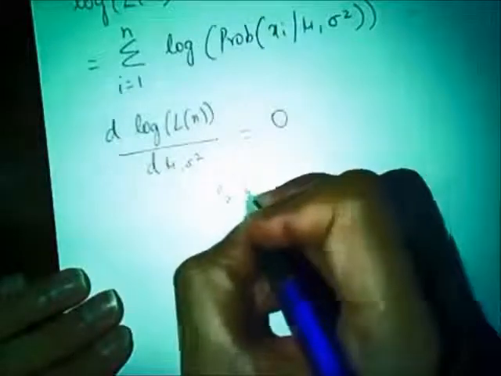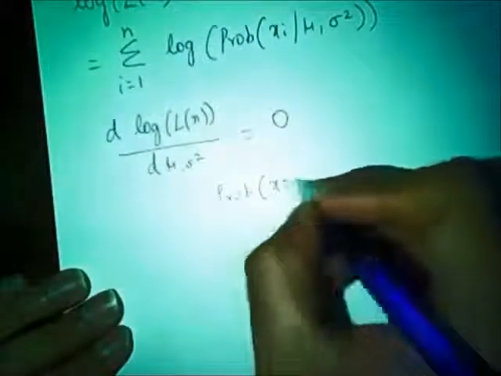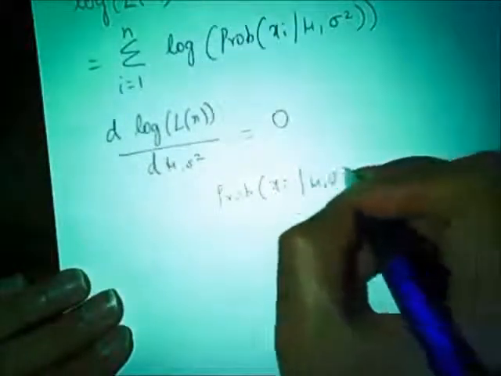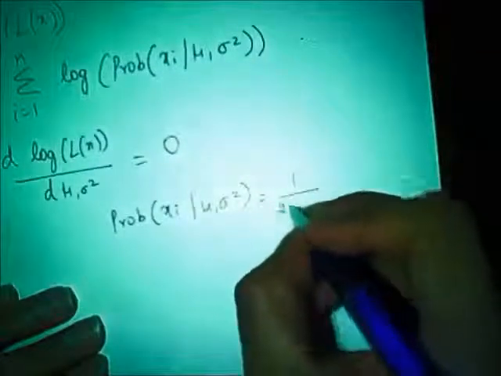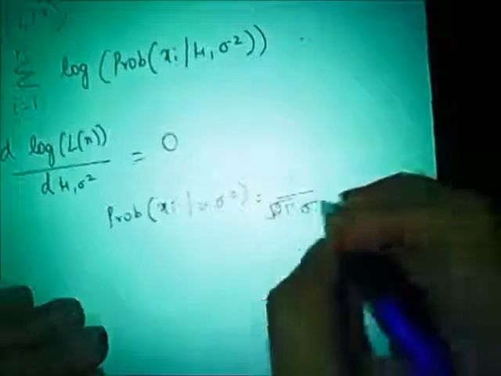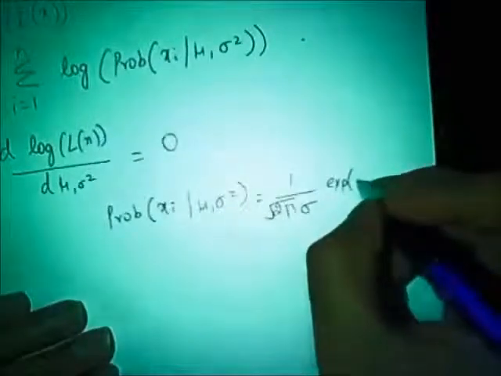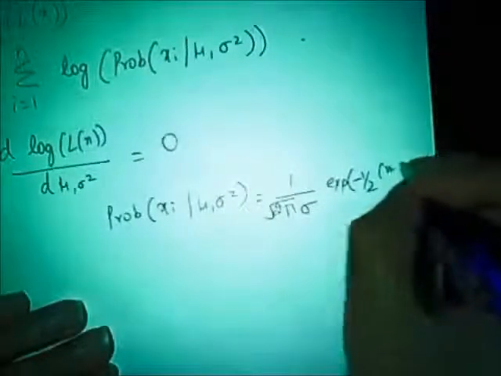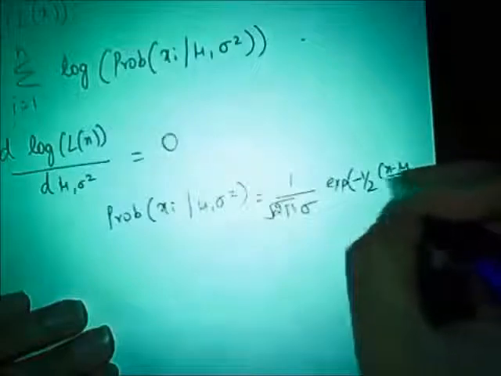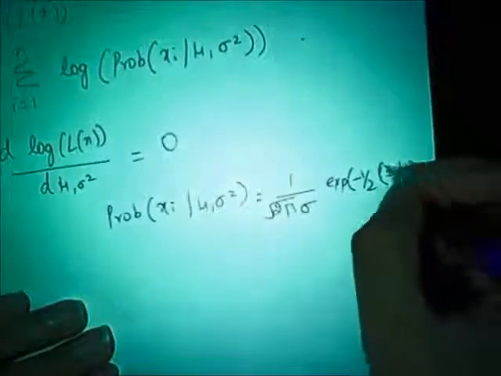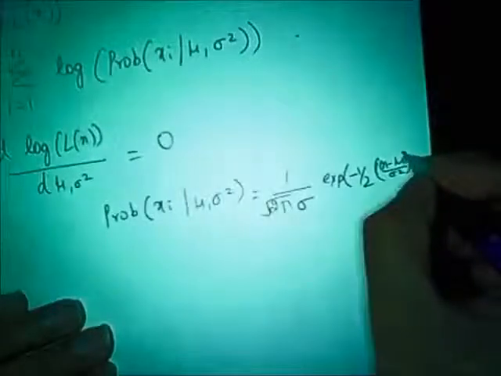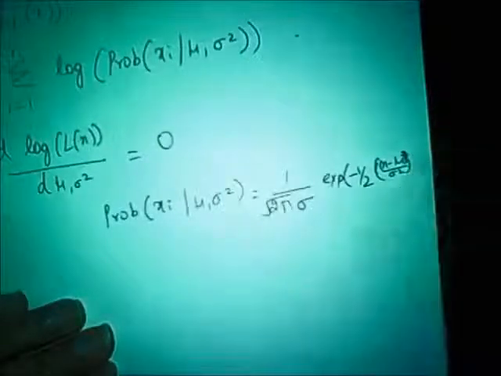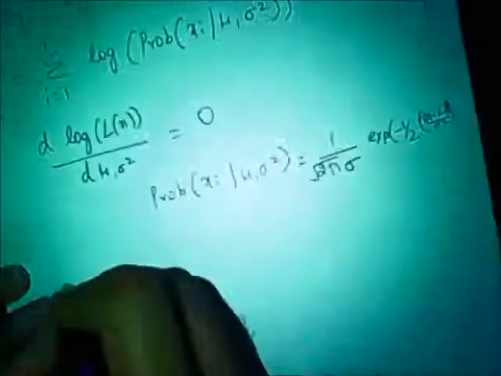If you want to recall, the probability of xi given mu, sigma squared is given as 1 by root 2 pi sigma multiplied by an exponential function like this, x minus mu the whole squared over sigma squared.